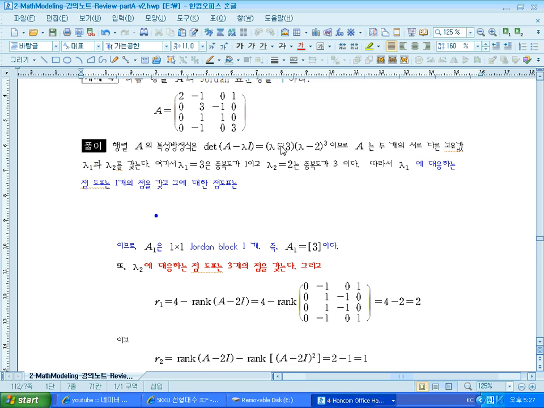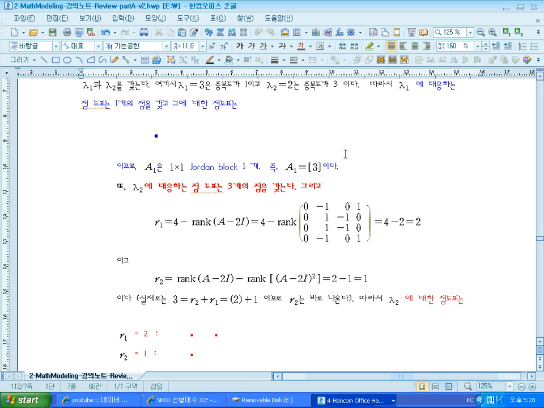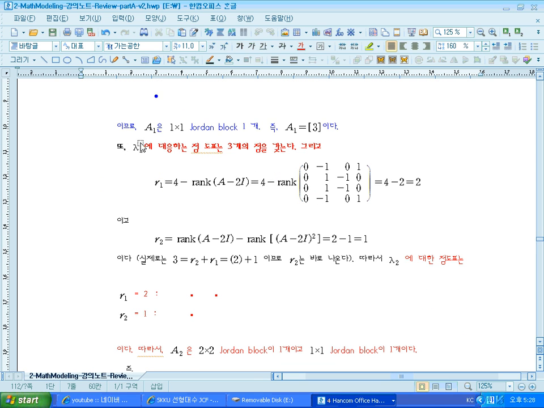For the eigenvalue 3, we have only one point in the dot diagram, so we have just a 1 by 1 Jordan block corresponding to eigenvalue 3. But for eigenvalue 2, which has algebraic multiplicity 3, we have to check it. We check the rank of A, the size of the matrix, and the rank of A minus 2I.